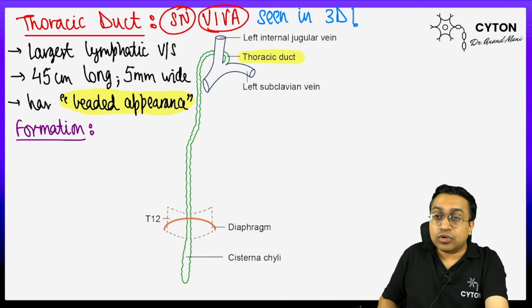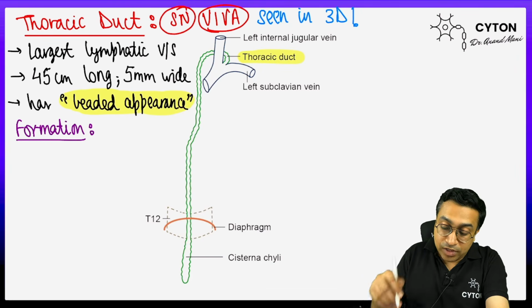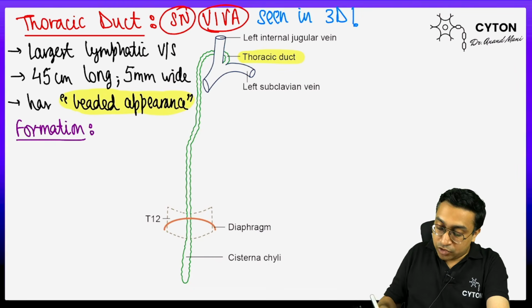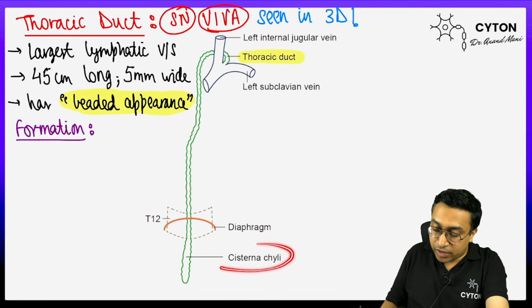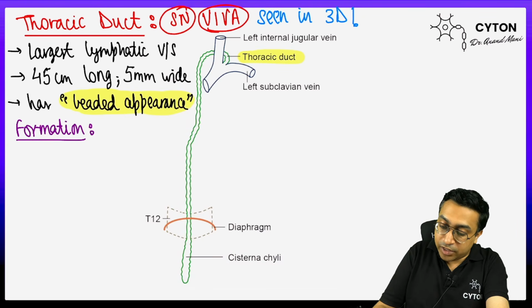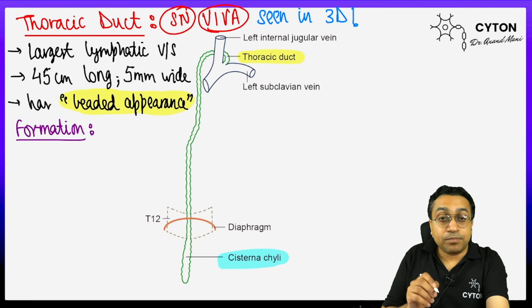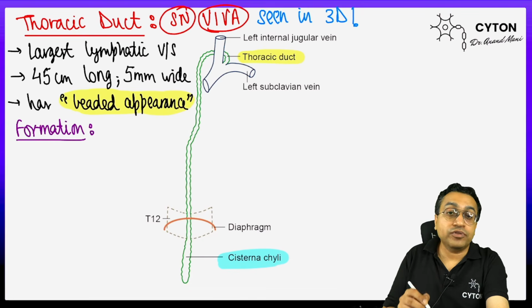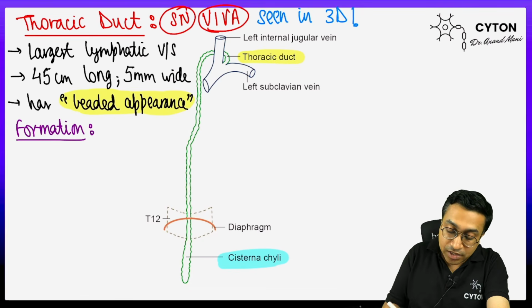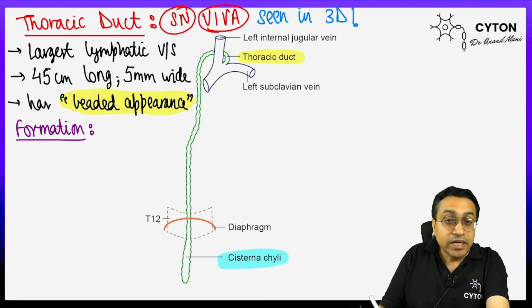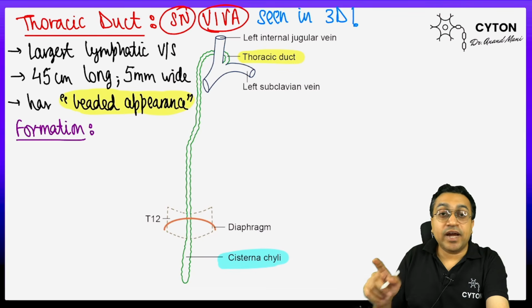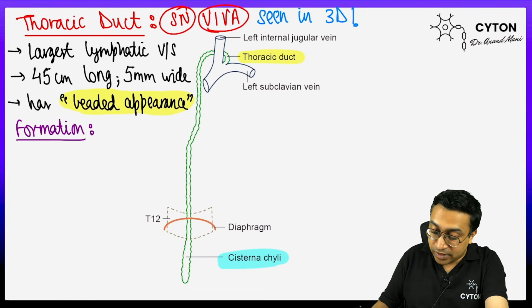Okay, so talking about the formation, the thoracic duct, it begins, now you see this is beginning from below. So from here it is ascending. So here we have a very important structure. Let me highlight this. This is the cisterna chyli. So the thoracic duct begins as the continuation of the upper end of cisterna chyli. Okay, and this is present at the lower border of T12 thoracic vertebra. So you can see that also in this image.